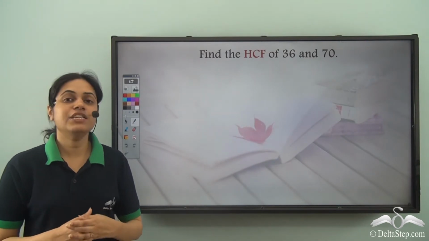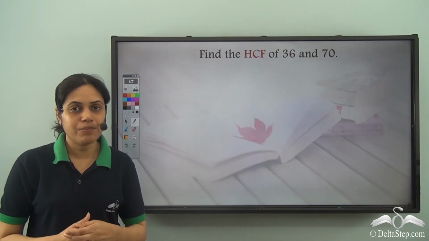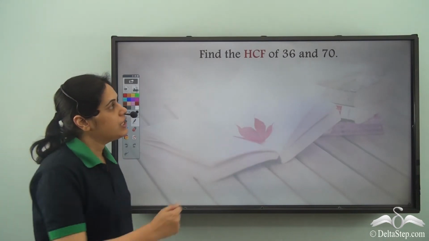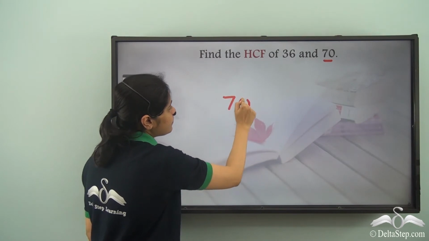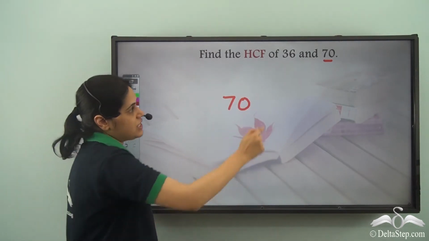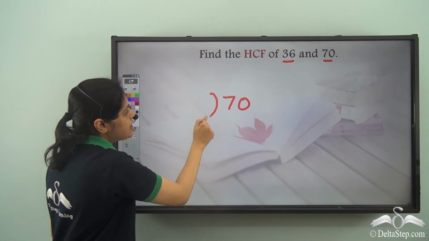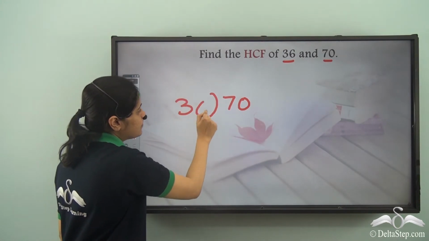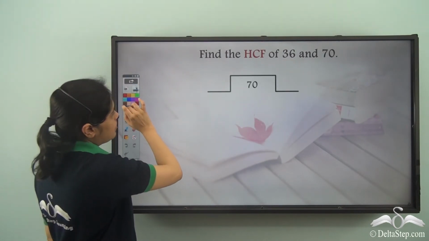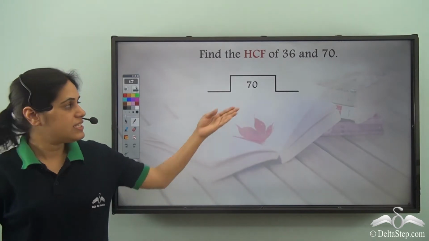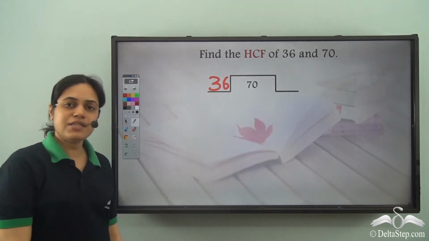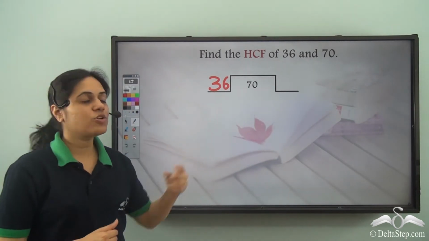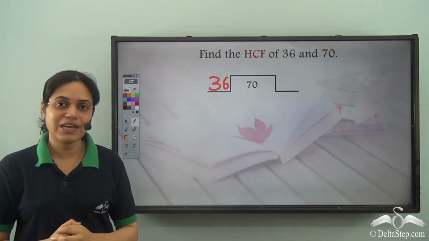So first I need to divide the bigger number by the smaller number. The bigger number here is 70. So I need to divide 70 by 36. 36 goes into 70 how many times?